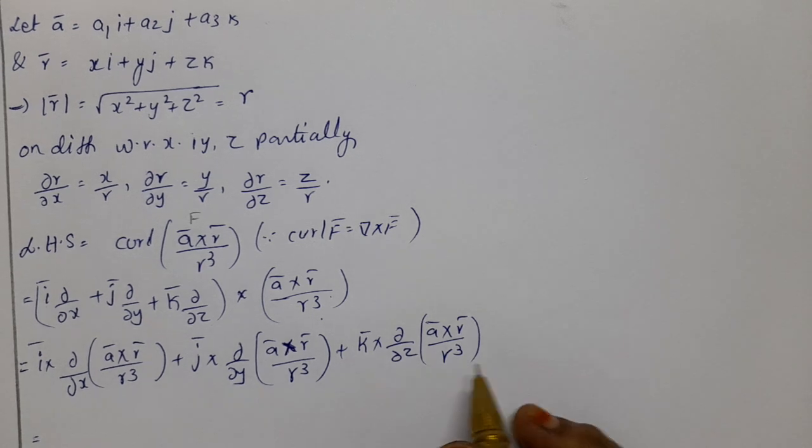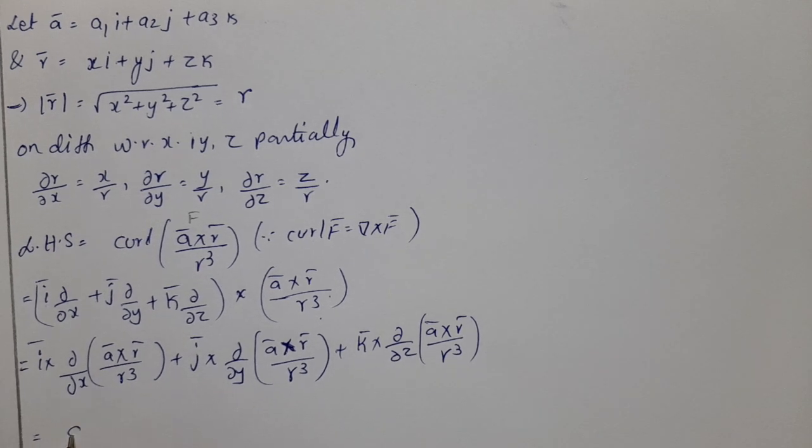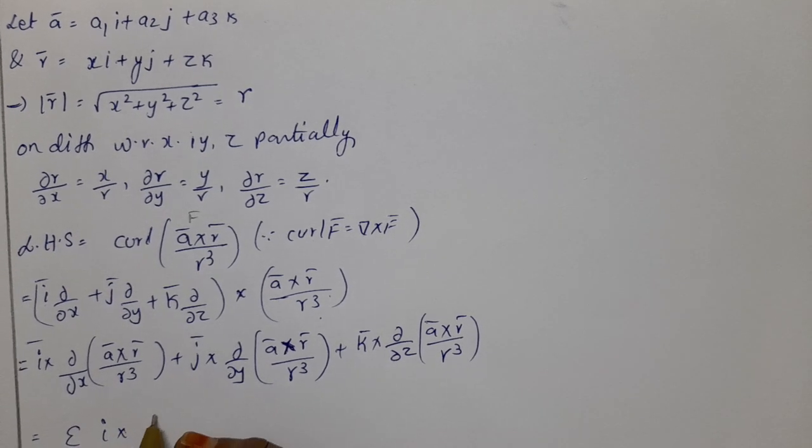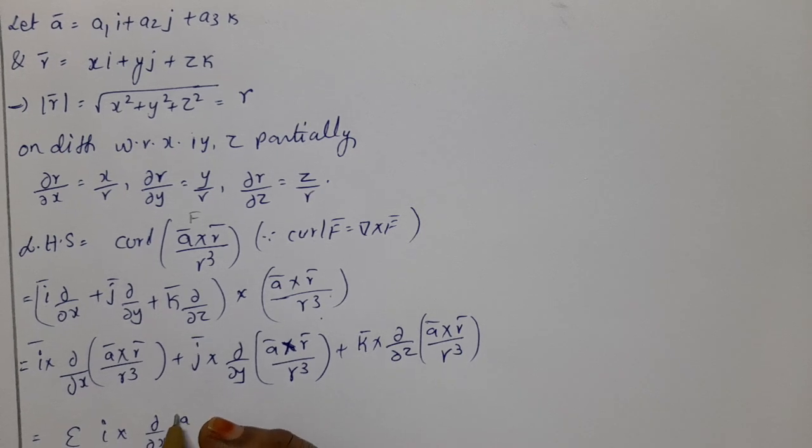This sum of terms can be taken as sigma i cross dou by dou x of a bar cross r bar by r cube.